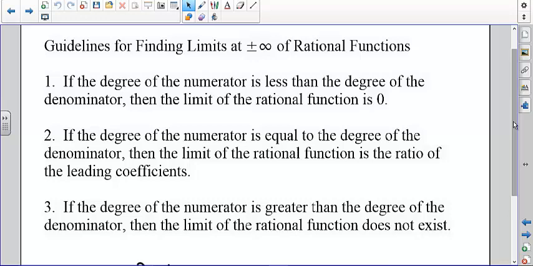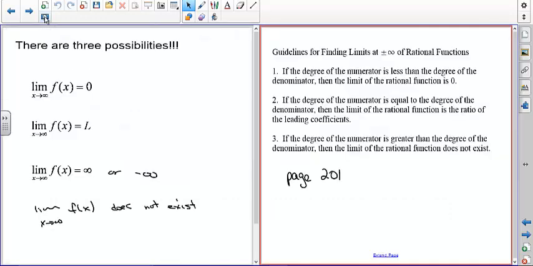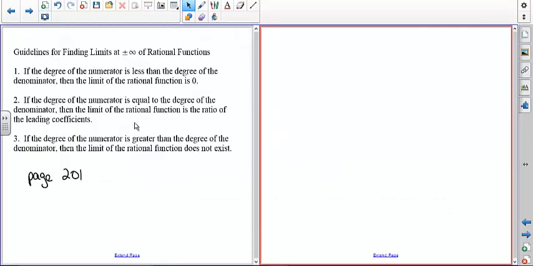The leading coefficients are the constants in front of the highest order term. And the third case, if the degree of the numerator is greater than the degree of the denominator, then the limit does not exist. We can figure out whether it goes up or down. Does it go to positive infinity or negative infinity? So let's give you examples of each one of those.